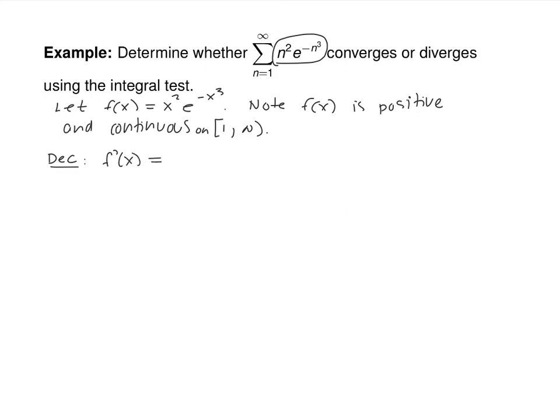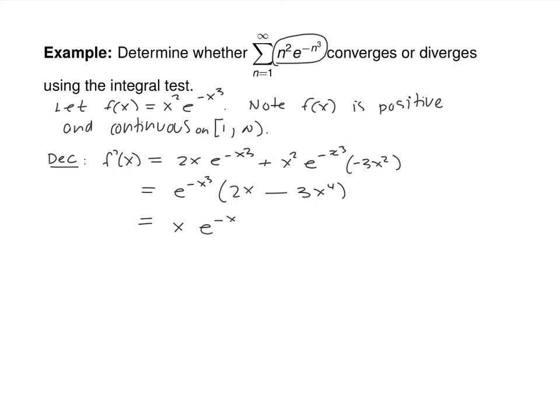So the derivative would be 2x times e to the negative x cubed plus x squared times e to the negative x cubed times negative 3x squared, which is the same thing as e to the negative x cubed times 2x minus 3x to the fourth, or x e to the negative x cubed times 2 minus 3x to the third.